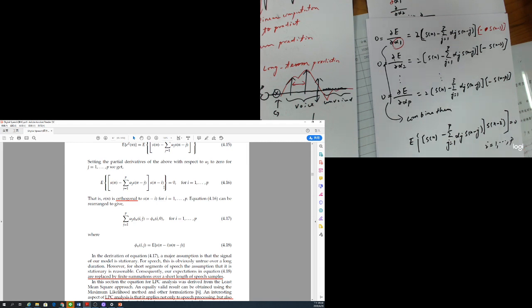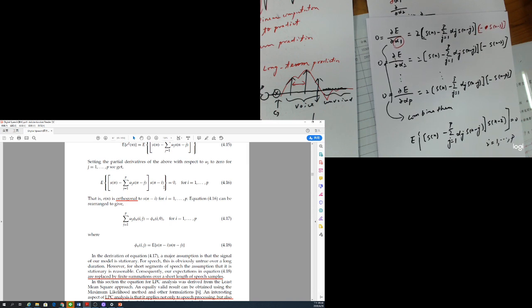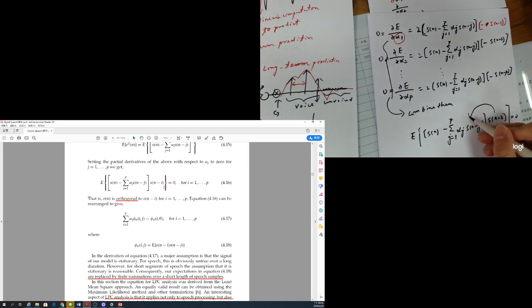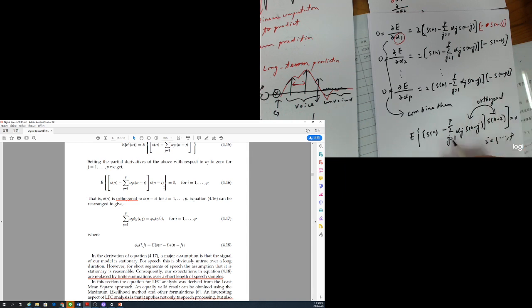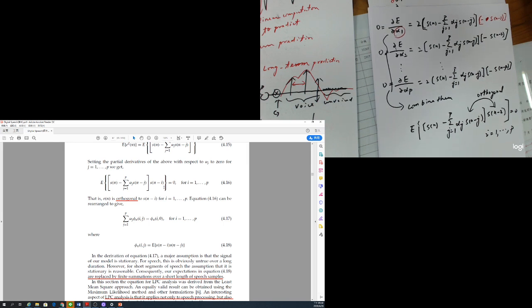If we make sure these two are orthogonal, your error will become a minimum, the deviation becomes minimum.